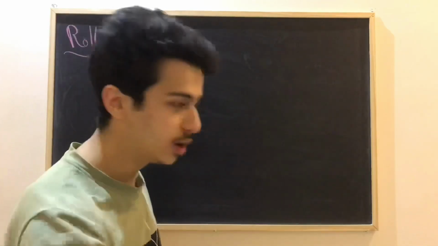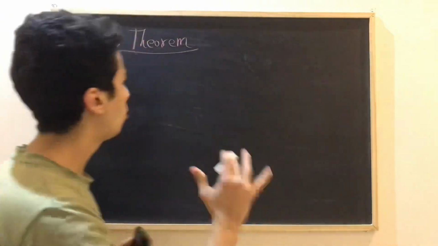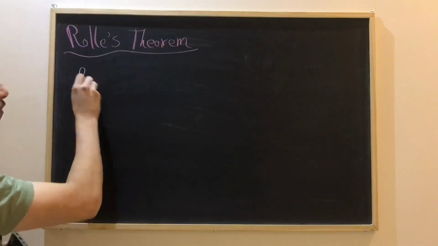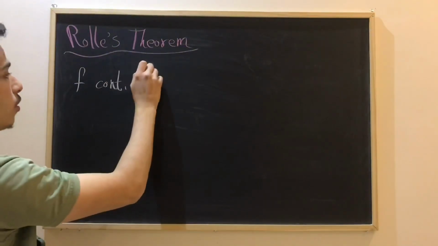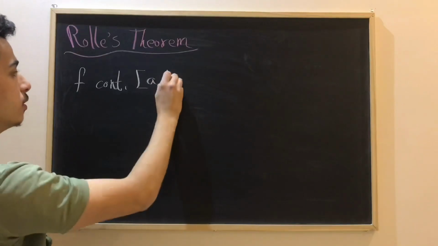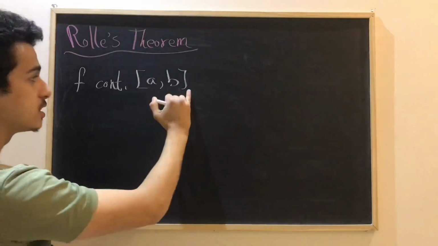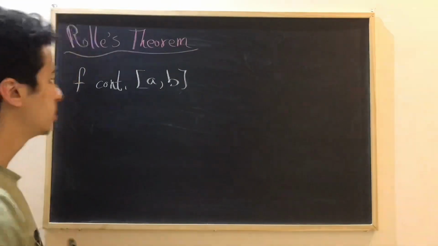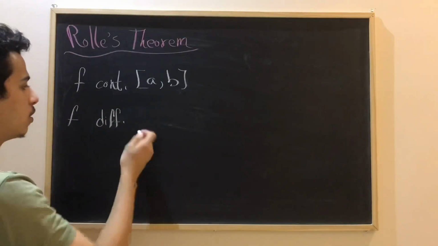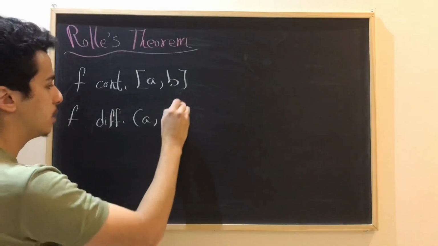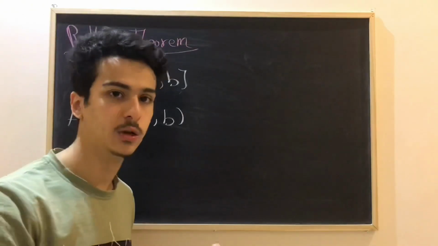To prove this theorem, we have to set some conditions. What are they? Well, f, our function, has to be continuous on the closed interval a to b. This means that a and b are included, and f has to be differentiable on the open interval, meaning a and b don't have to be included.